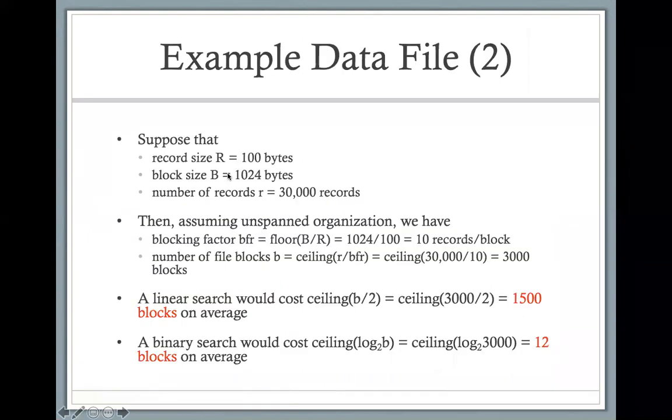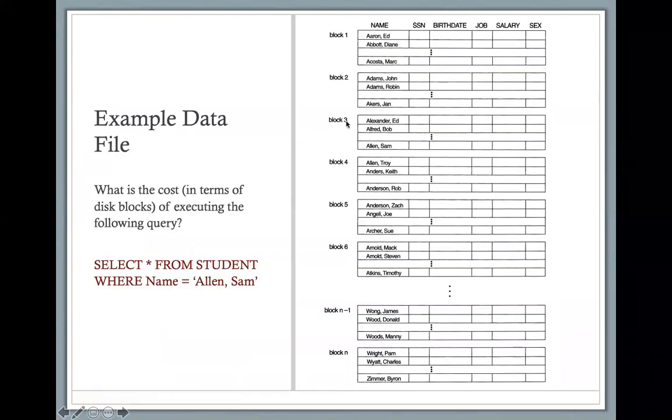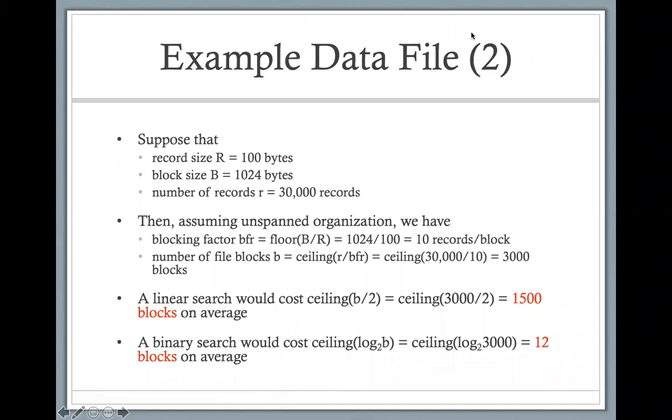So suppose the record size is 100 bytes. What does this mean? It means that every one of these rows in the previous slide is 100 bytes. That depends, of course, on the number of fields, the types or domains of the attributes, and so on. But each one has a fixed size of 100 bytes. The block size is 1024 bytes. This is the size of the block on your hard disk.